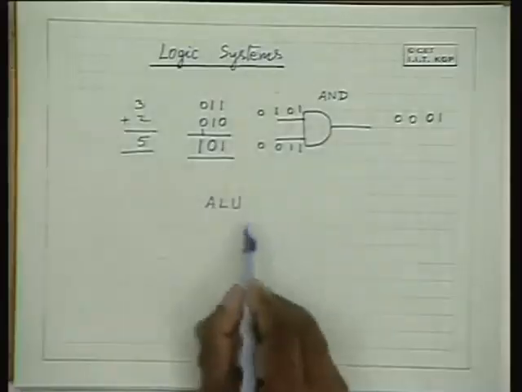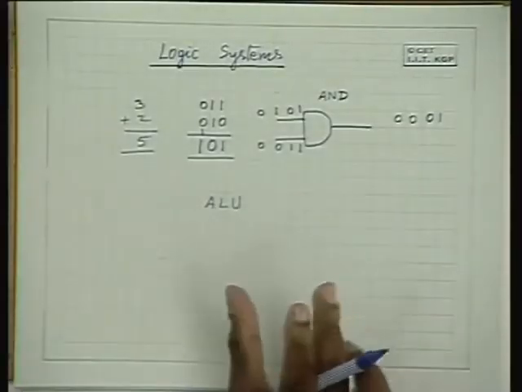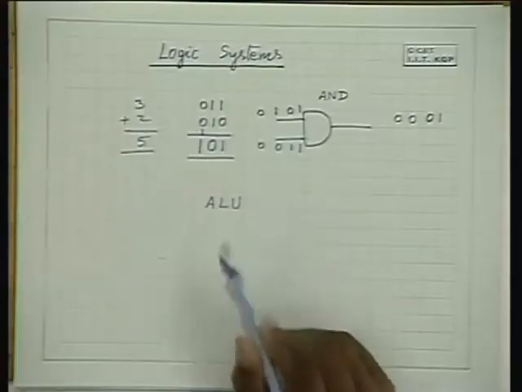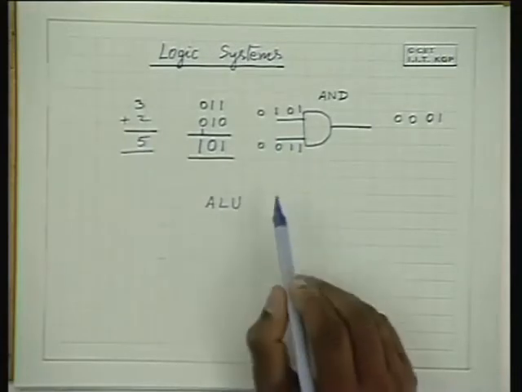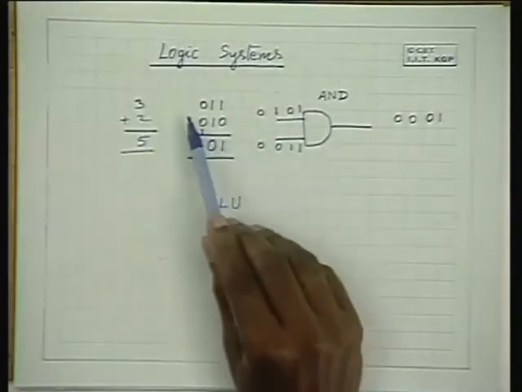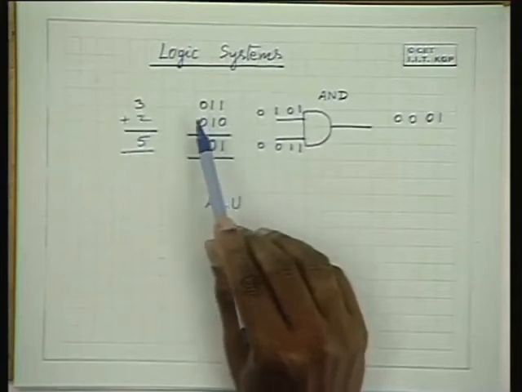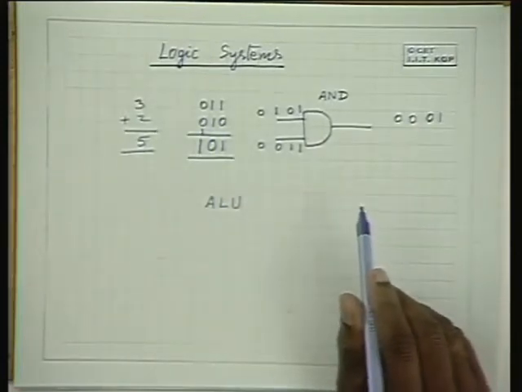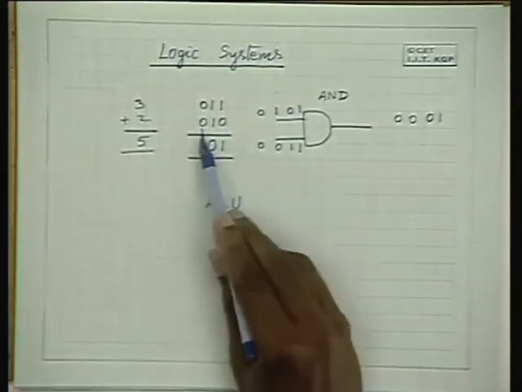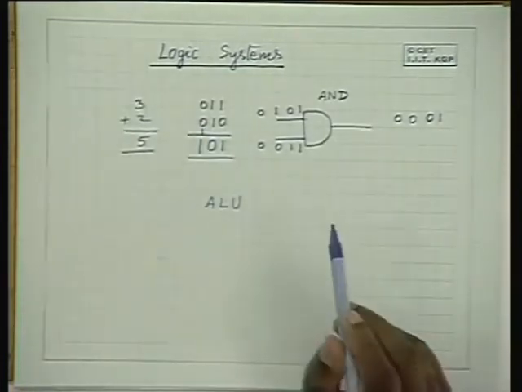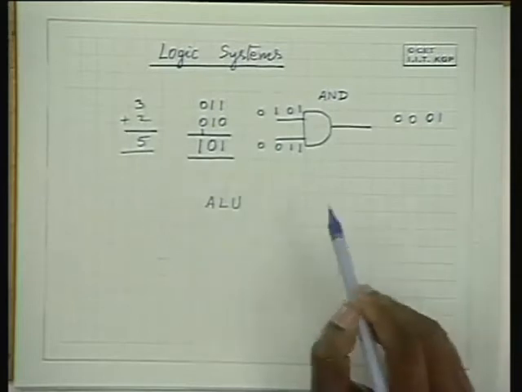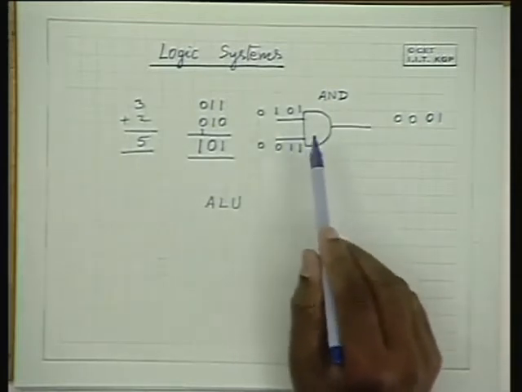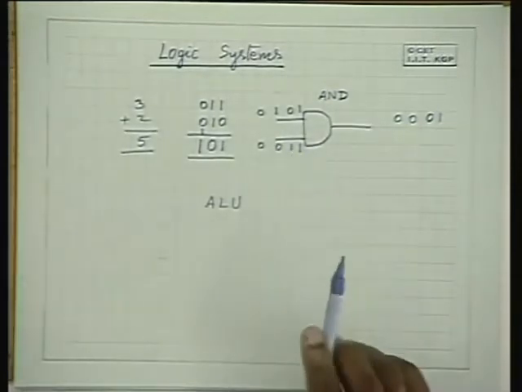And the arithmetic logic unit is an integral part of a CPU. It consists of things like binary adders and multipliers, and some registers to store such numbers. And these are made with the help of several such gates.